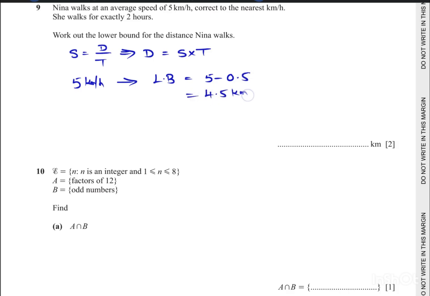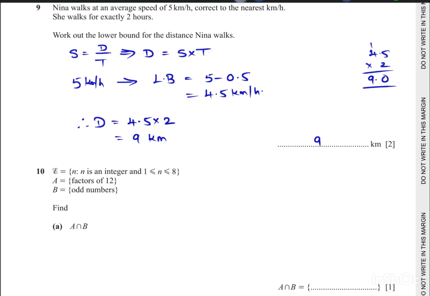So this is the lower bound for the speed. Therefore distance will be speed multiplied by time. So 2 into 4.5 will be 9. So 9 kilometers is the lower bound of the distance.